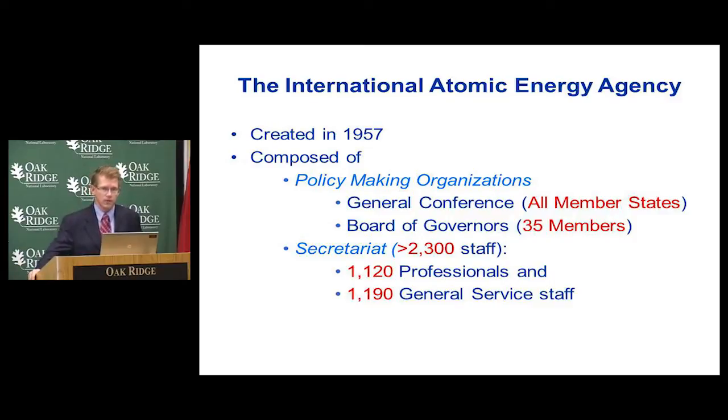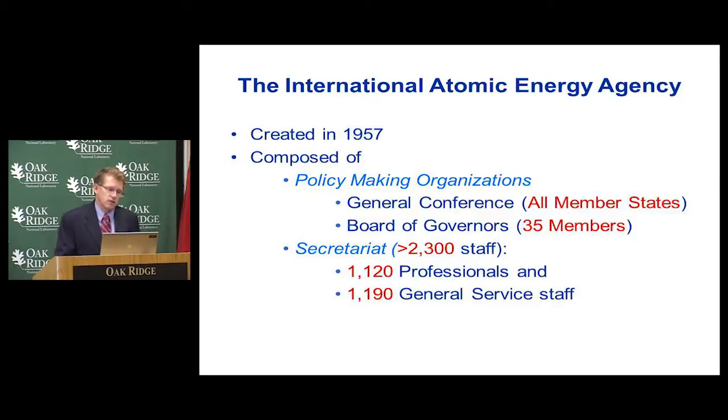If you're not familiar with it, I encourage you to Google Eisenhower Atoms for Peace 1953 to bring it up, in which he laid the state of play within the global situation at that time and called for the creation of an International Atomic Energy Agency. So 4 years after that speech, the IAEA was indeed created in 1957.